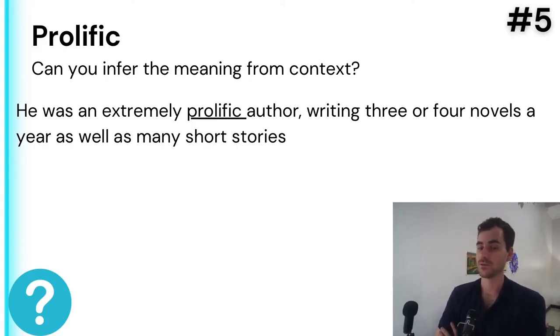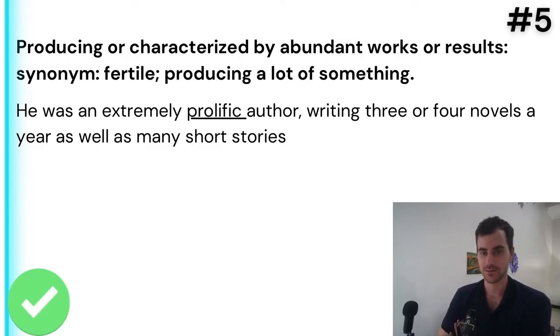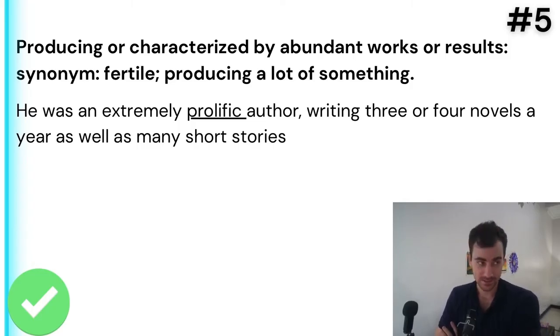He writes 3 or 4 novels a year. Do you think that's a lot of novels to write in a year? I think it is. So prolific has to have something to do with writing a lot of novels, right? Here's the definition. Prolific, producing or characterized by abundant works or results. So yeah, somebody who writes a lot is prolific.